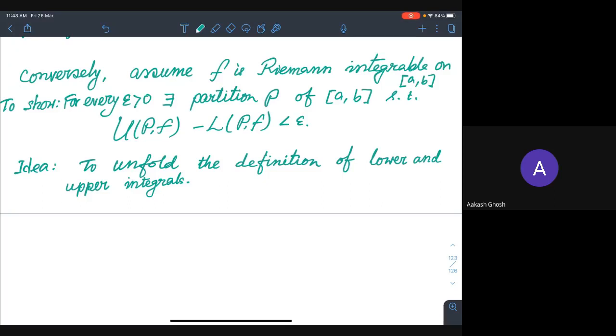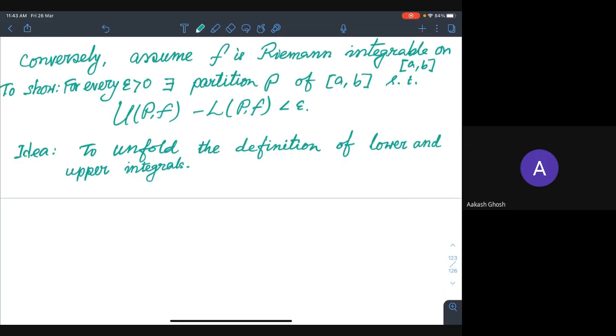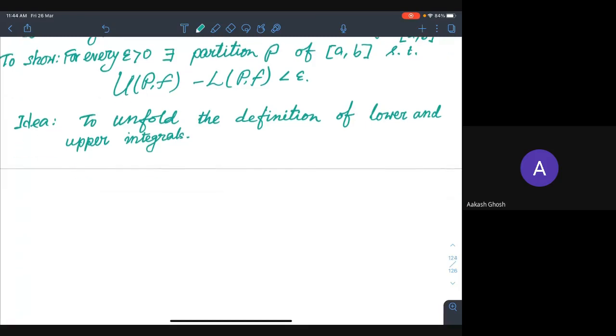That means there exists at least one partition which lies in epsilon by 2 neighborhood of the infimum of the upper sums, and a partition such that it lies in epsilon by 2 neighborhood of the supremum of the lower sums. So we can take the common refinement and it should suffice. Right, exactly. That is the proof.